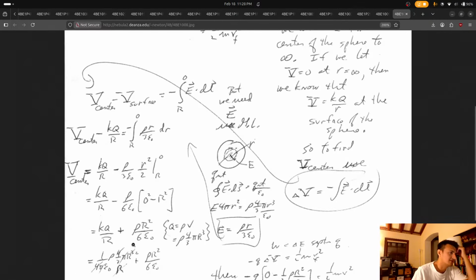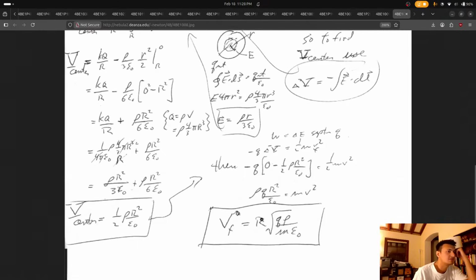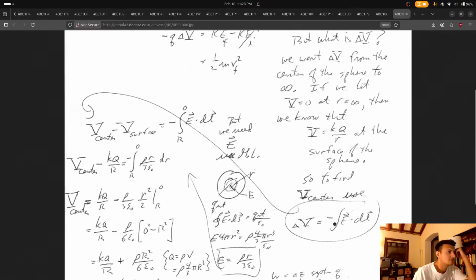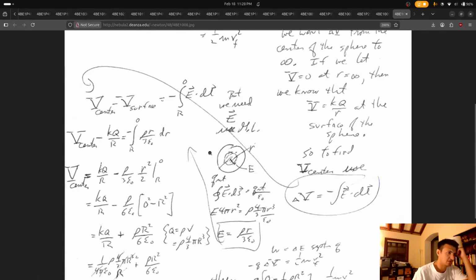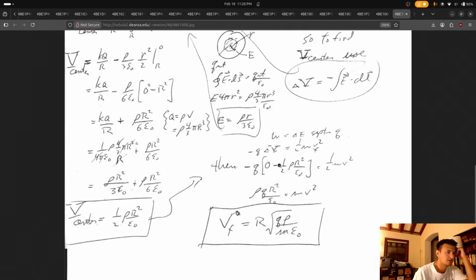I don't know why he does this. This is for the center surface. Where's V surface? Oh, this is just V, and then he just.